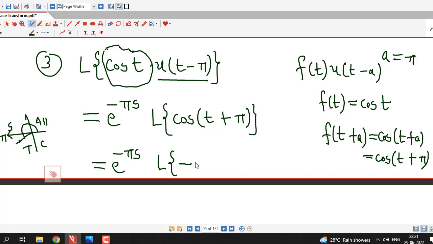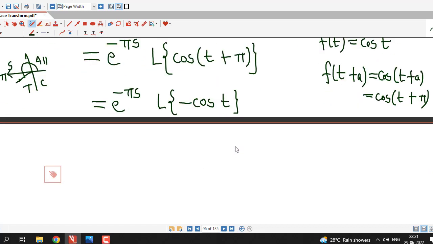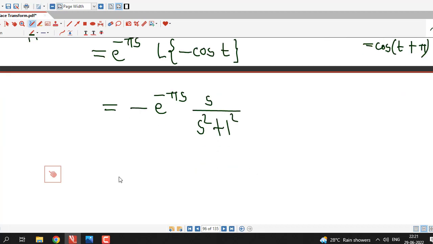So this I can rewrite as minus cos of t, and we know Laplace transform of cosine function, negative sign outside, cos t has Laplace transform s divided by s square plus 1 square. So finally Laplace transform is minus s e raised to minus pi s divided by s square plus 1.